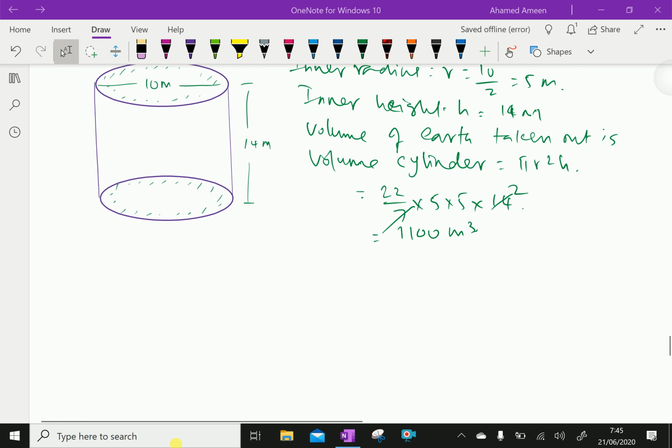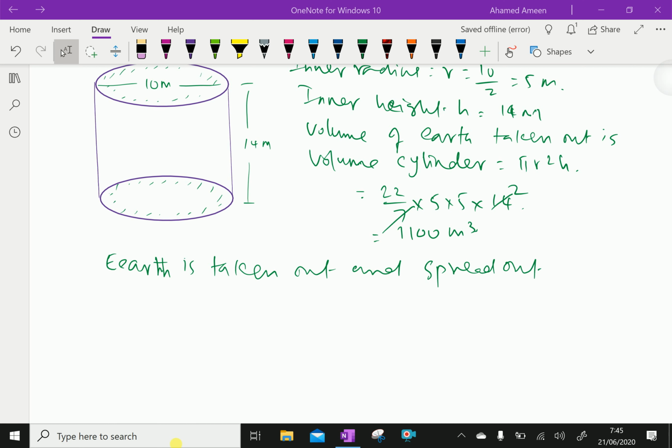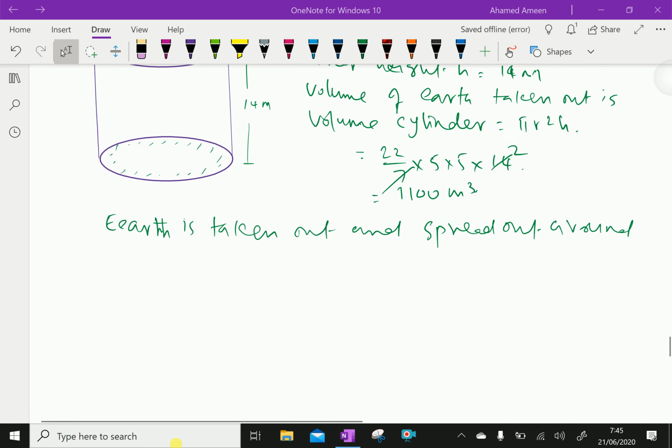Here the earth is taken from the cylinder. Earth is taken out and spread out around the well.